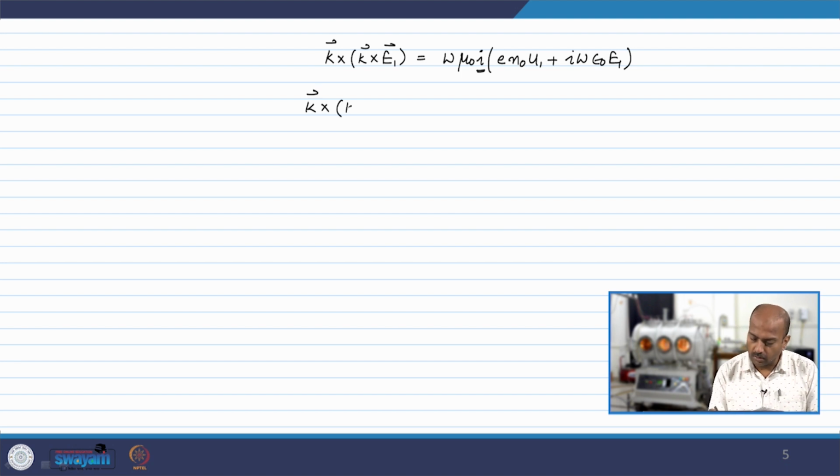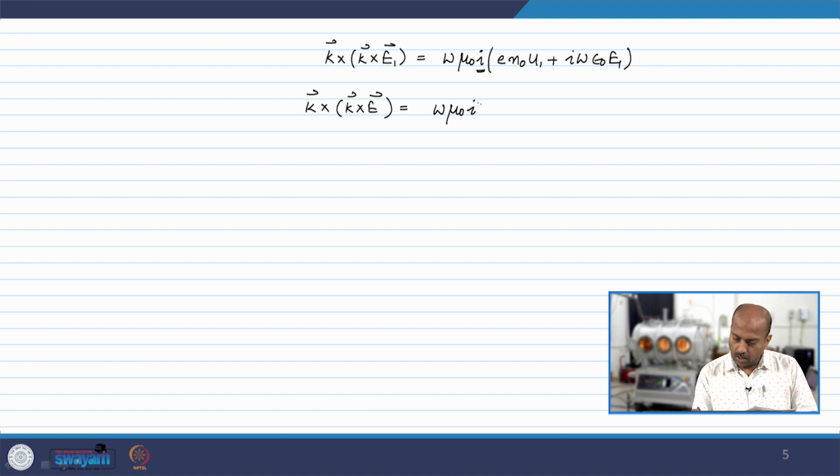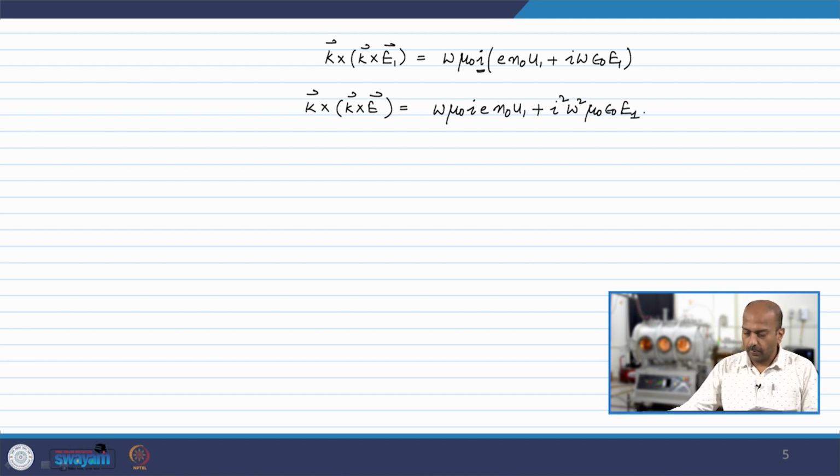k cross k cross E is equal to omega mu naught i e n naught u1 plus i square omega square mu naught epsilon naught E1. Right. So, simplifying this on the right hand side.